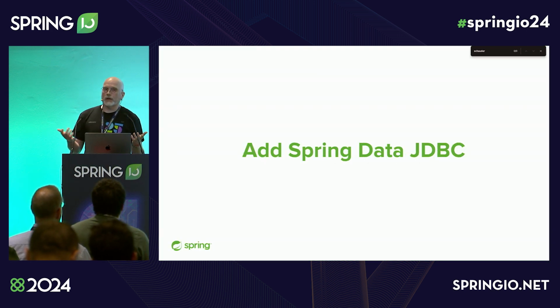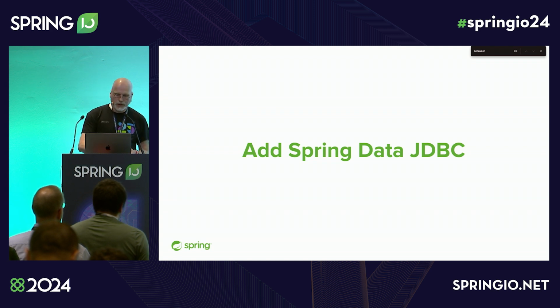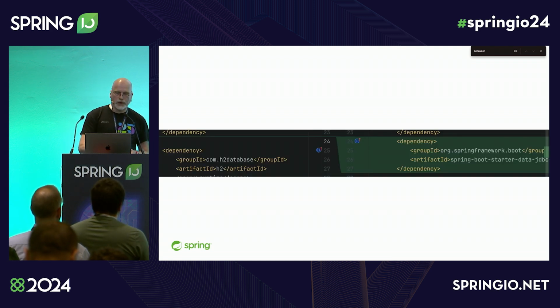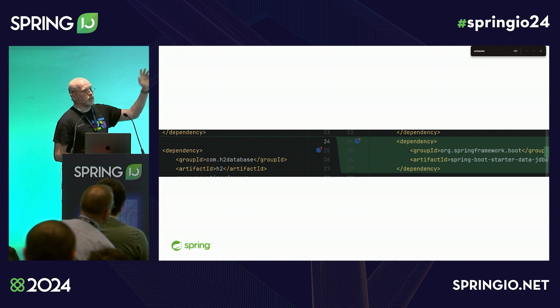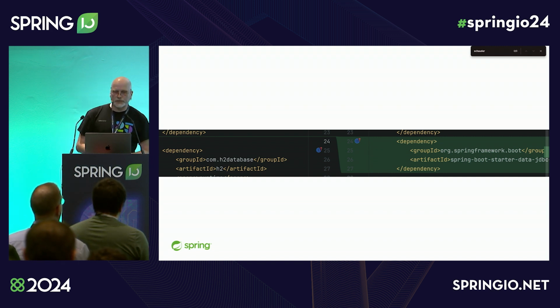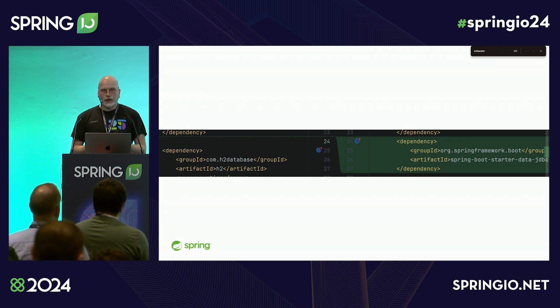So first thing, actually add it to your project as a dependency. And I guess most of you are using Spring Boot nowadays, and that means you just add the Spring Boot starter for Spring Data JDBC, and that's it.